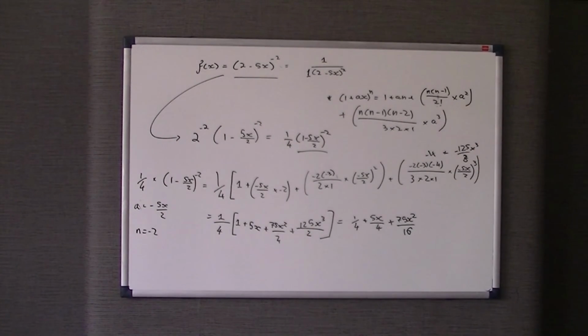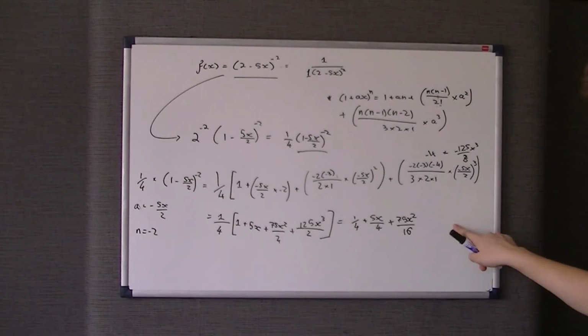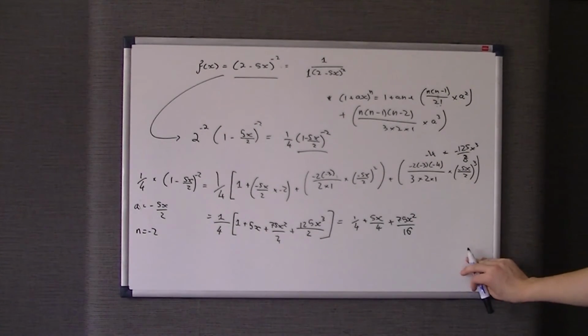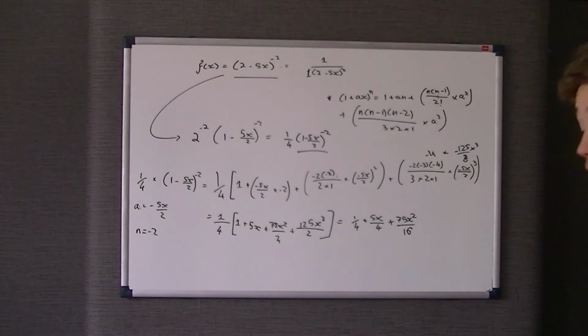And then you do 125x cubed over 2 times a quarter. Now, you could write that as 125x cubed over 8. However, that cancels down. So what you could either do is write this out as plus 125x cubed over 8, and then rewrite this entire thing out with the simplified 125x cubed over 8.